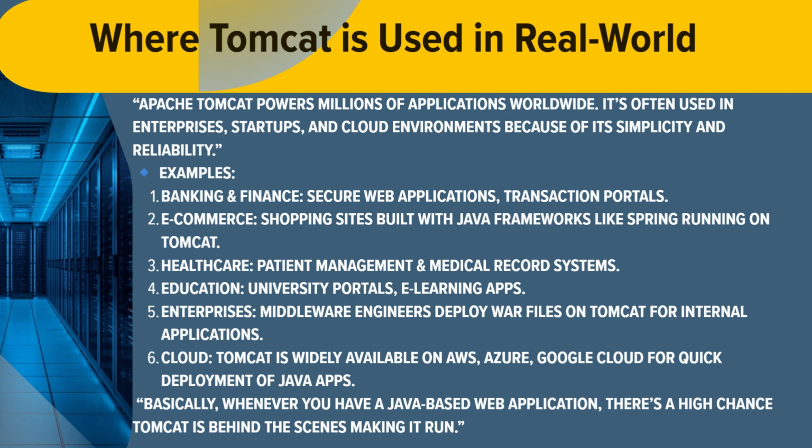Examples: banking and finance, secure web applications, transaction portals; e-commerce, shopping sites built with Java frameworks like Spring running on Tomcat; healthcare, patient management and medical record systems; education, university portals, e-learning apps; enterprises, middleware engineers deploy WAR files on Tomcat for internal applications; cloud, Tomcat is widely available on AWS, Azure, Google Cloud for quick deployment of Java apps.